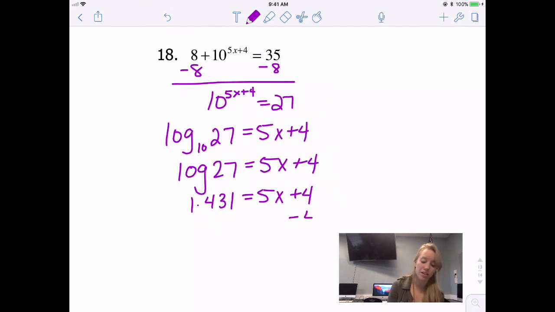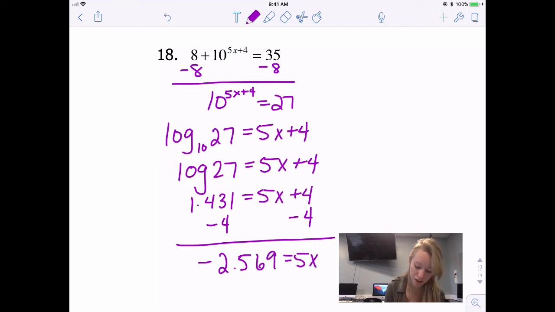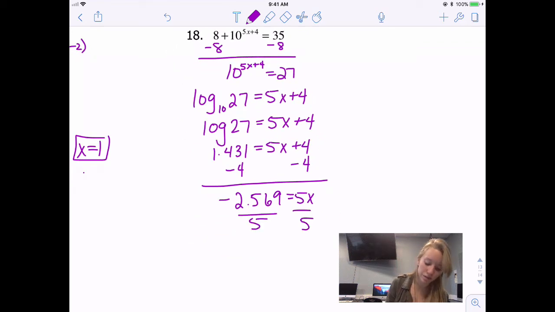I can subtract 4 on both sides, and I get negative 2.569 equals 5x. And just in my calculator, divide by 5. So I get negative 0.514 equals x.